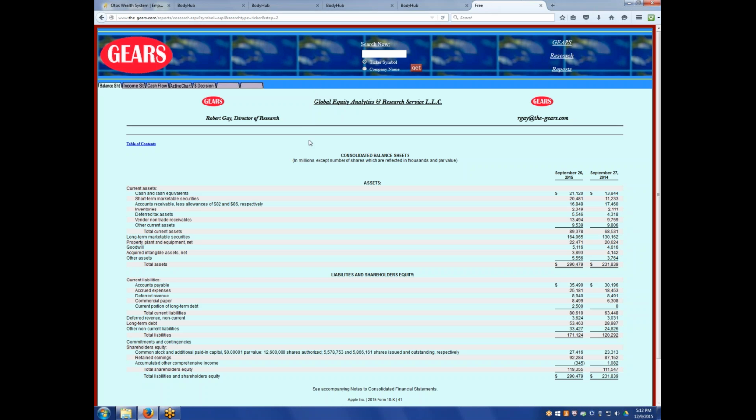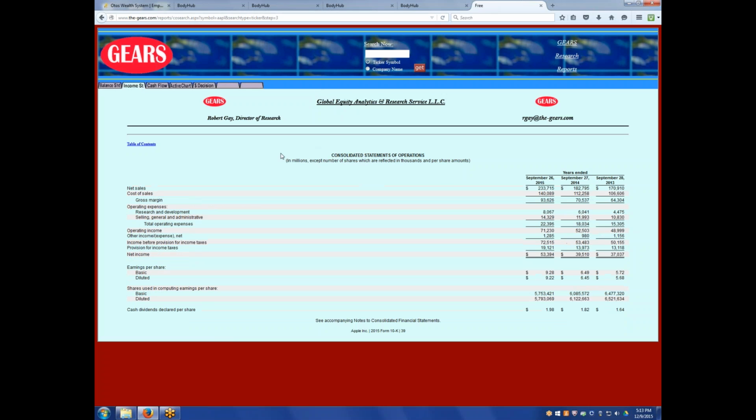Here I've displayed the financial statements for Apple Computer from the most recent quarter, starting with the balance sheet. The balance sheet is a display of all current assets and liabilities, and how they relate to each other now and through time conveys information about how the company's financial condition is changing. The income statement, also displayed quarterly, is a measure of profit, of income and expenses, resulting in measurements of profit or loss.